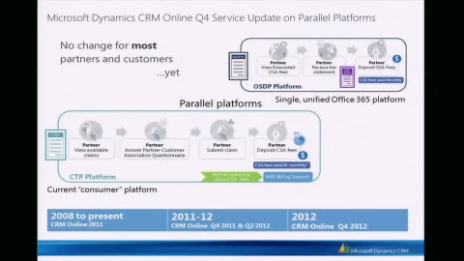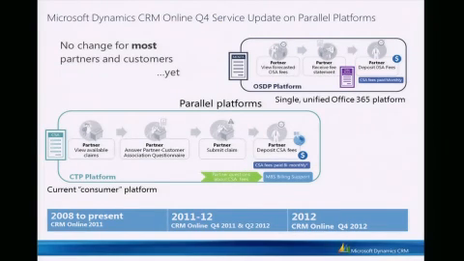For the Microsoft Dynamics CRM Online Q4 2011 service update, we'll be running billing and service delivery on two parallel platforms. The majority of our customers will continue to use the CTP platform. That's the platform you're used to signing people up on today on the Microsoft Dynamics CRM Online website.